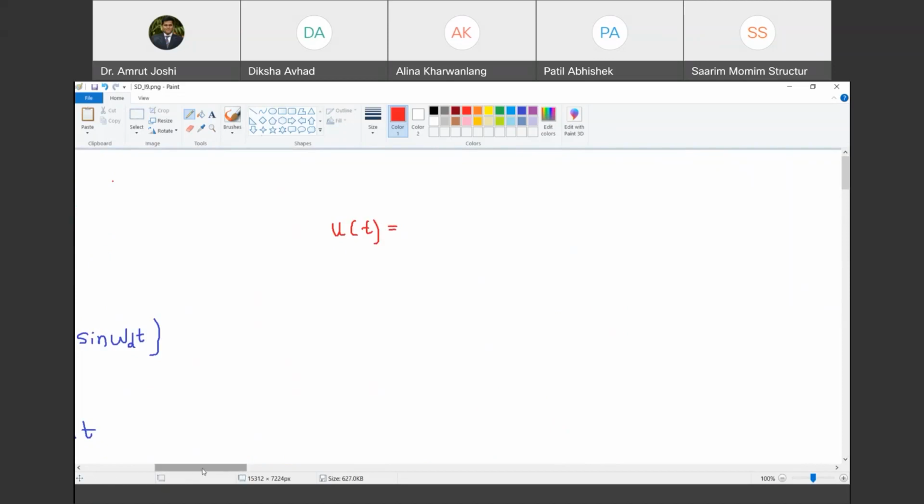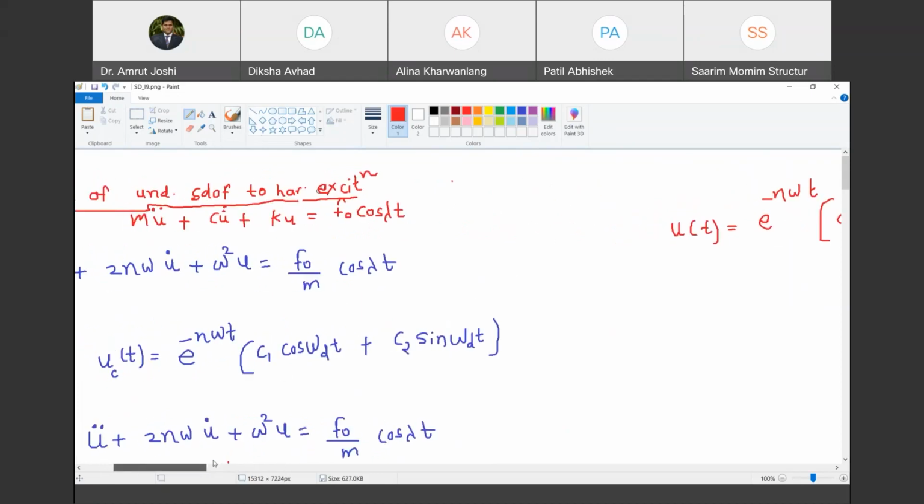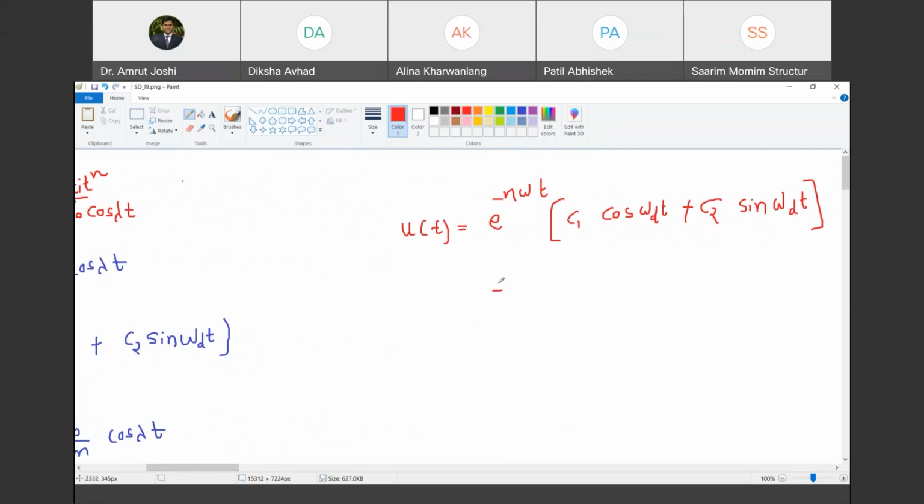So what is the value of cf? e raised to minus eta omega t, c1 cos omega dt plus c2 sin omega dt, plus pi.